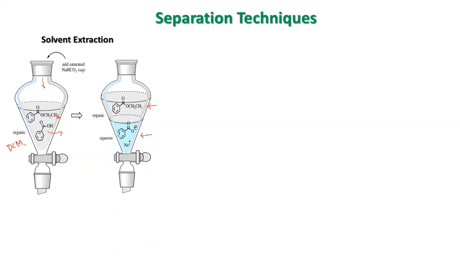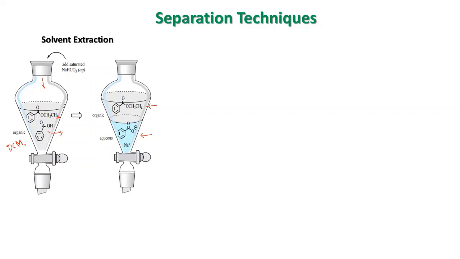Now these two solvents, organic and aqueous, are not miscible. According to their density, they will be separated out. If you use a low density organic solvent, that will be on top of the aqueous layer, and if you use a high density solvent, say DCM or chloroform, they have more density than water, so they will be at the bottom.